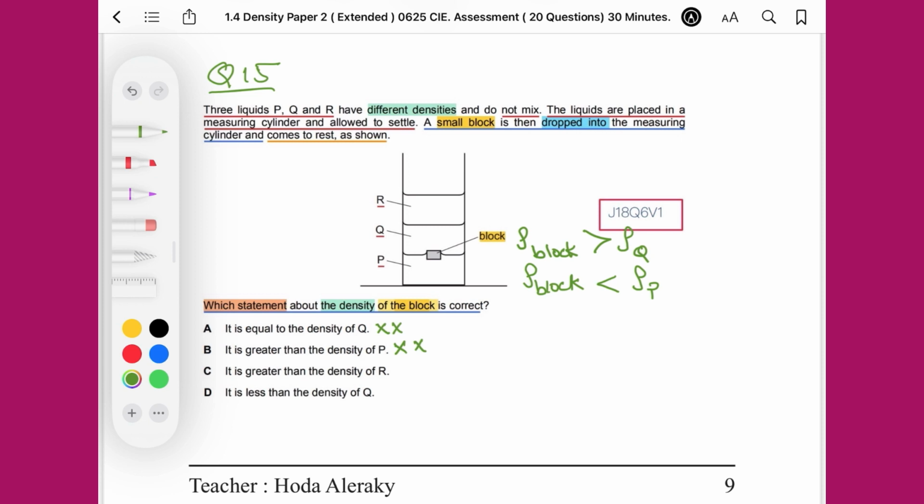It's greater than density of R here, right? Its density is greater than density of R. It's less than the density of Q. No, because its density is greater than density of Q. So the correct answer here is C.